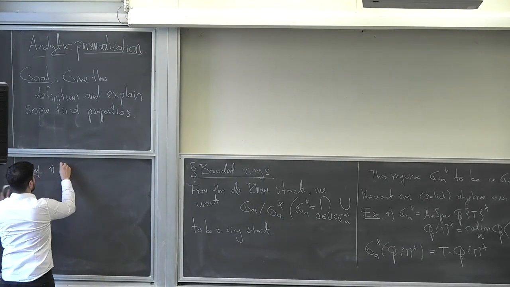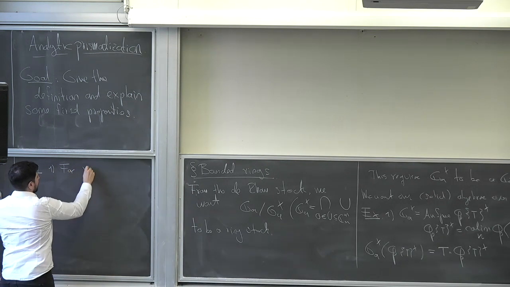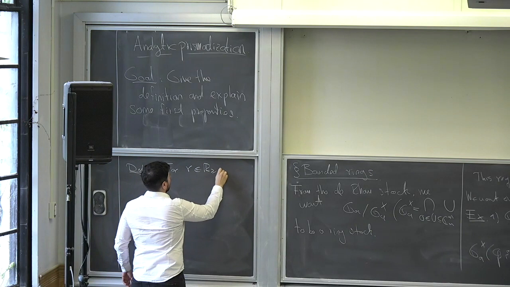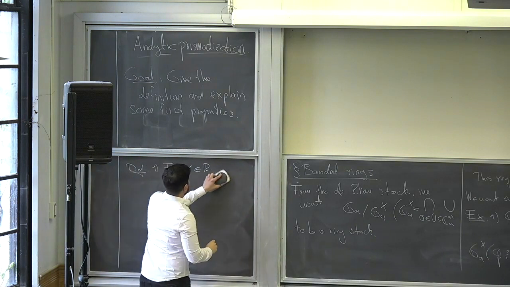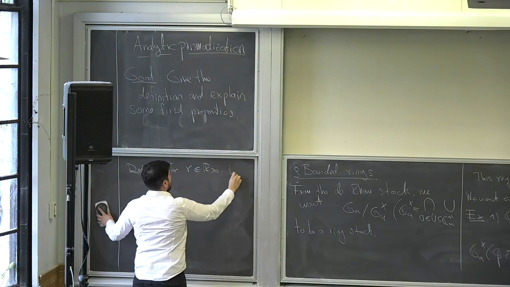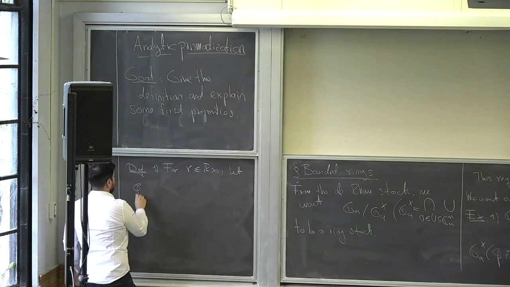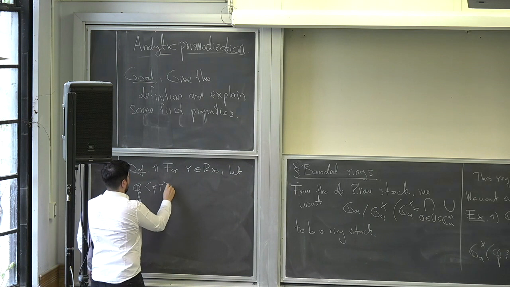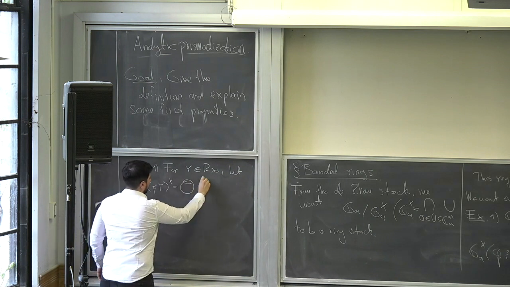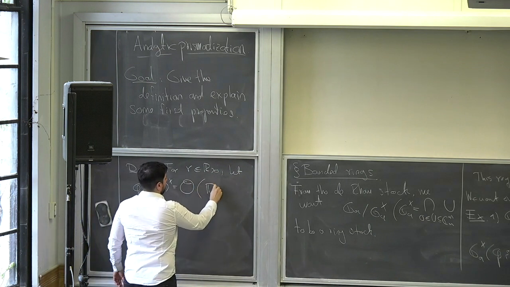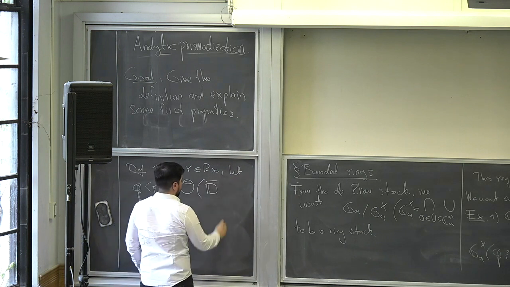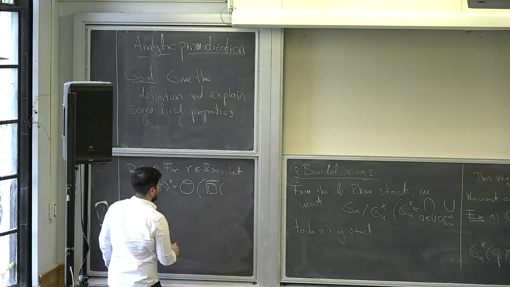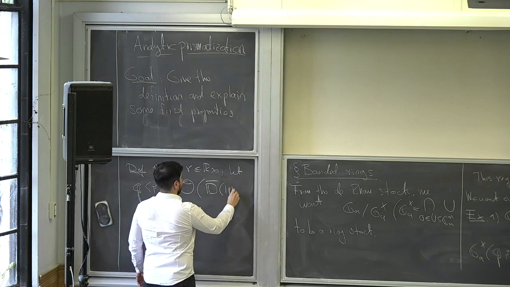For some positive real number R bigger than 0, let Q_p⟨p^{-R}T⟩ dagger be the algebra of functions of a closed overconvergent disk of radius p to the R.